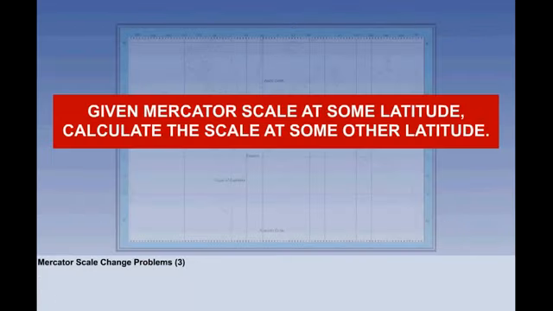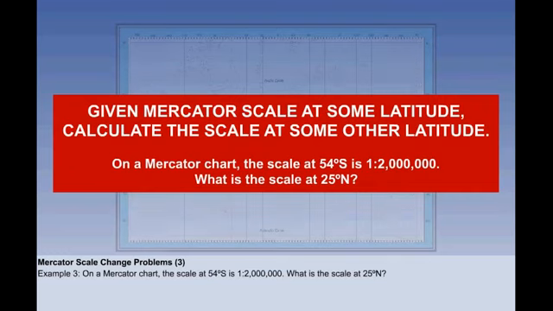The next type is, given Mercator scale at some latitude, calculate the scale at some other latitude. Again, we'll use a worked example. This is example 3. On a Mercator chart, the scale at 54 south is 1 to 2 million. What is the scale at 25 north?